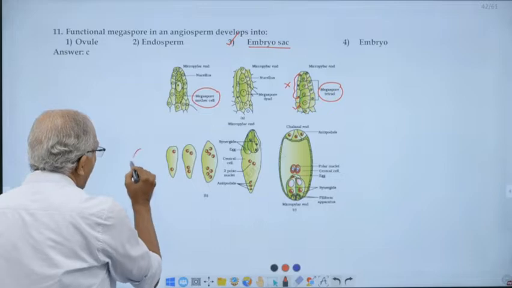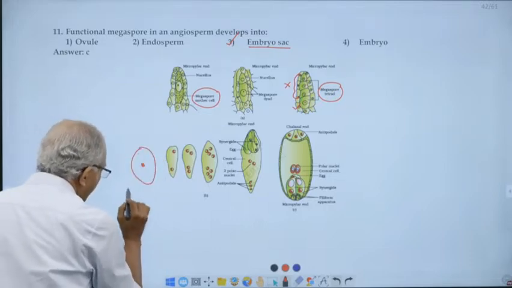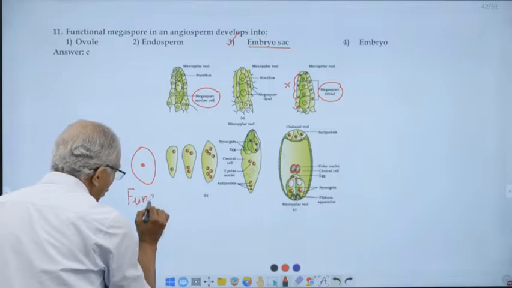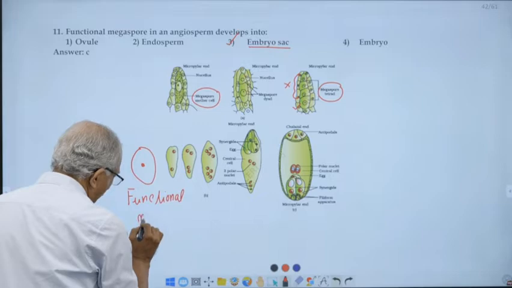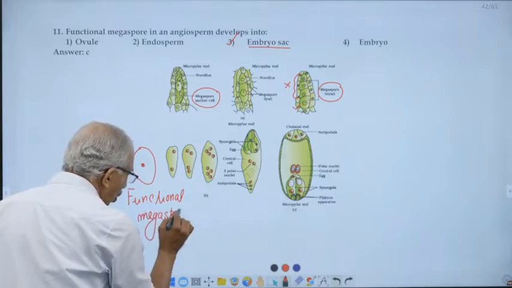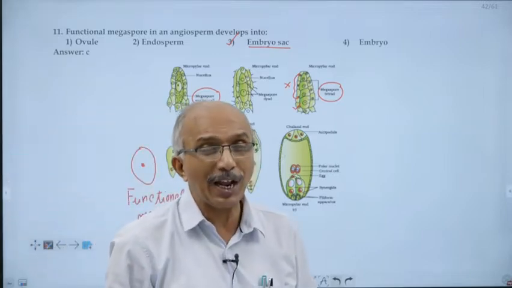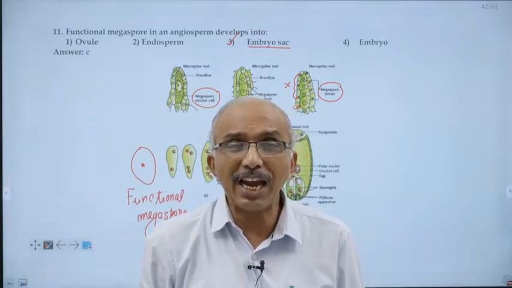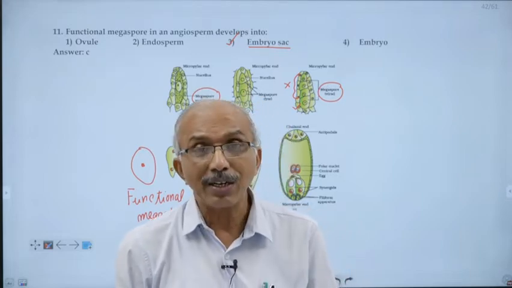The functional megaspore develops into the embryo sac. One megaspore becomes functional, that means it develops.